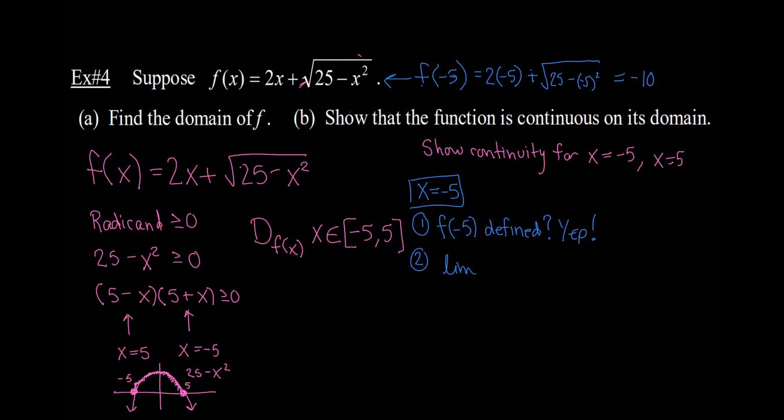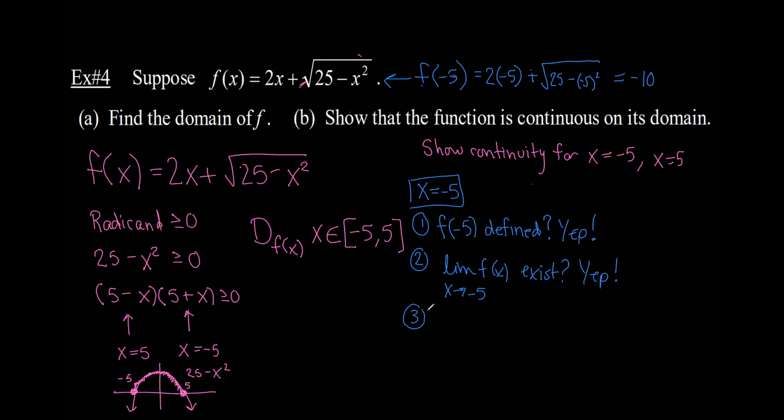Two, how about the limit as x approaches negative 5 of f of x? Does it exist? Yes, it does exist. In fact, this limit exists because I can just plug in the negative 5. So this is also a yep.